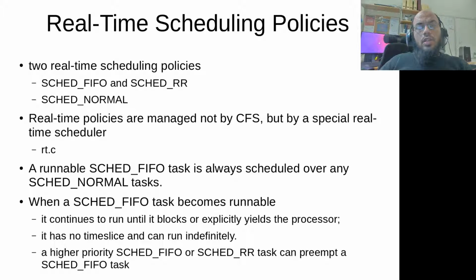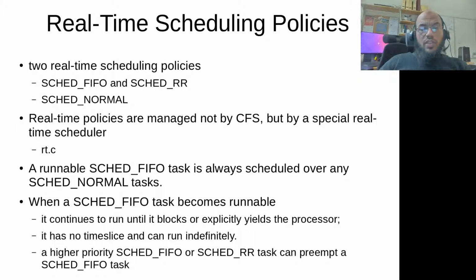Any task that is set to SCHED_FIFO or SCHED_RR will have a higher priority over any task that is scheduled as SCHED_NORMAL, because the real-time scheduling has a higher priority over the CFS scheduler. That basically means that any task that has been designated to run using one of these two policies will have a higher priority.